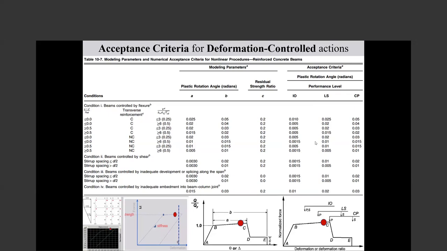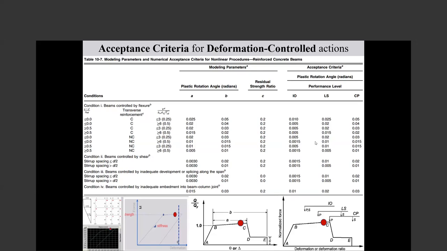Based on the arrangement of reinforcement in column 1, rho minus rho prime divided by rho balance, you see which row you are in, and based on the transverse reinforcement in the second column, and based on the value of the shear, you have your curve. Those A, B, C are the values of the curve.